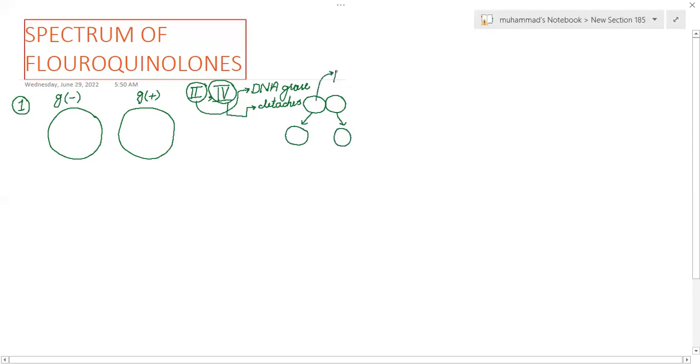Parent DNA and this is daughter DNA, and these two are separated by topoisomerase 4.